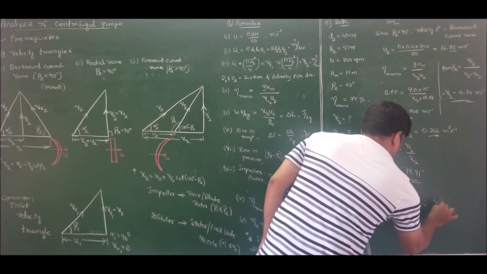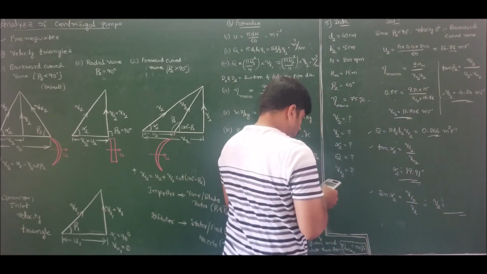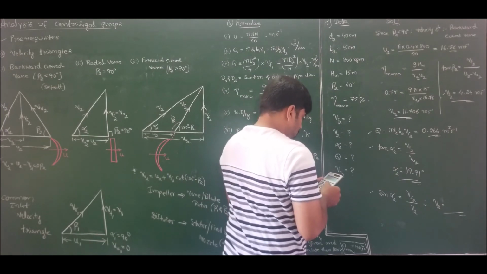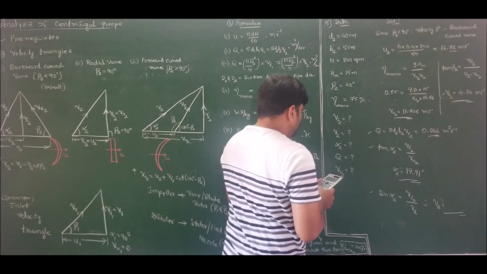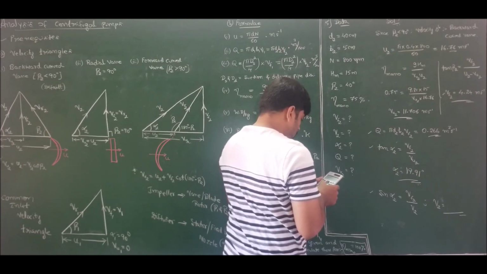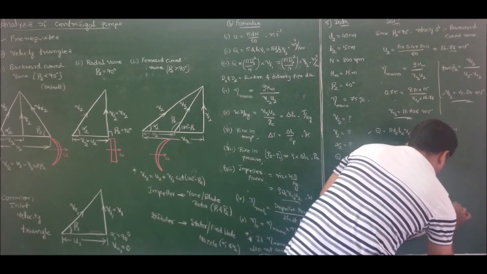Hence V2 will be VF2, 4.24, divided by sin of 19.91 degrees, that is 12.45 meters per second.